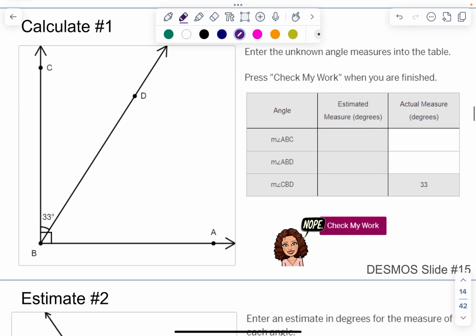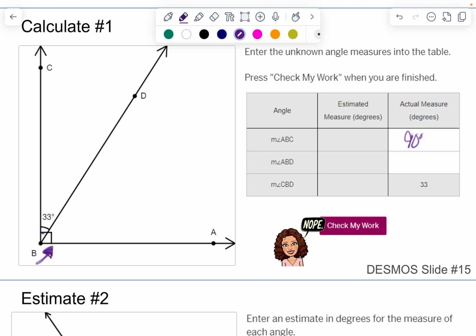Now let's look. Now they're telling us, look, there's your corner. Now you know that ABC is 90. They gave us that corner right there, so we know it's 90.